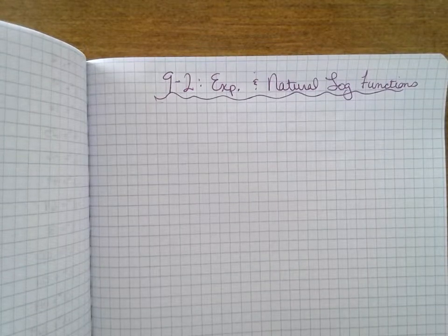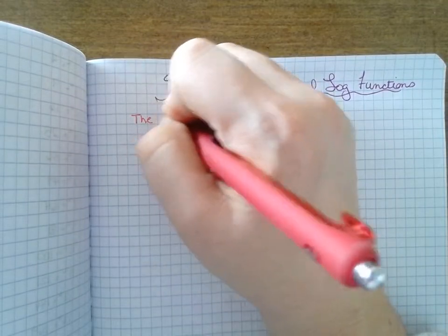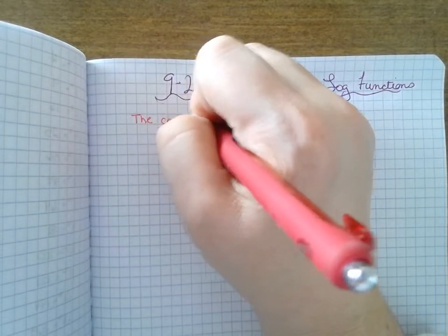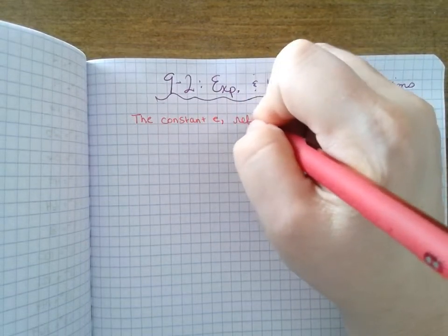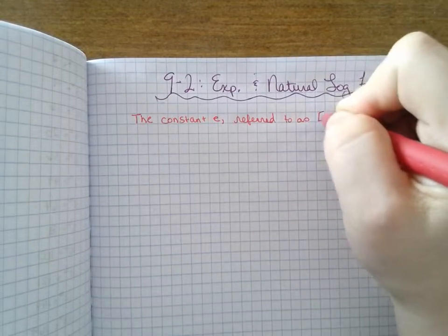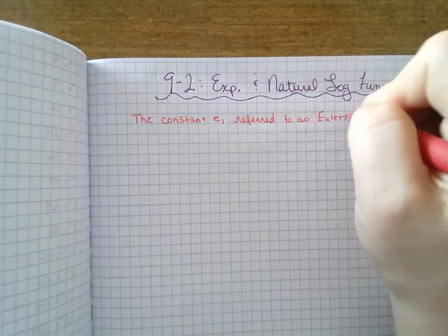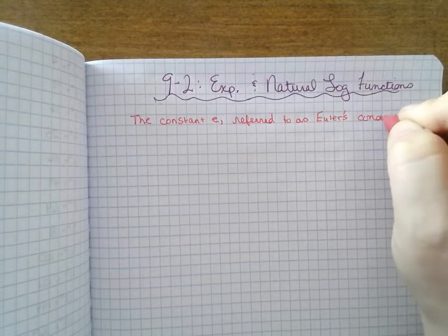All right, the constant e, referred to as Euler's constant, and Euler is spelled weird.